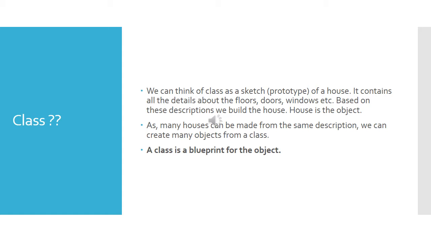So, in short, a class is a blueprint for the object. Like you have a plan of your house, but you can use the same plan for creating different kinds of houses. So, that is an example of a class.